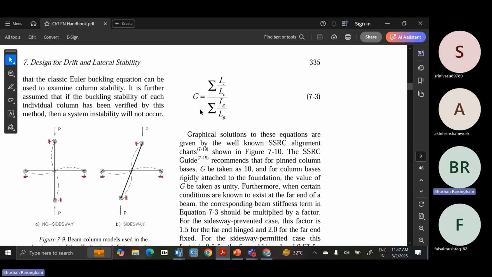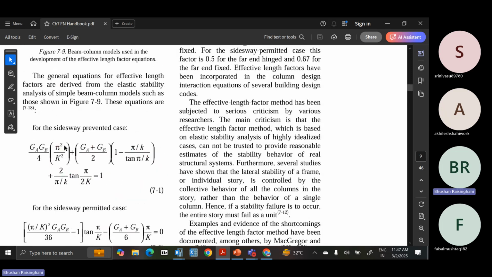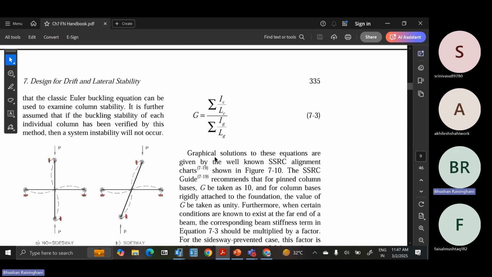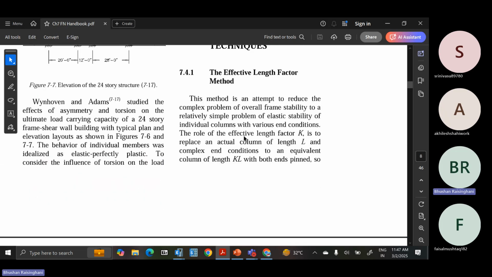So this way, you obtain the relative stiffness of the beam and column, and from that, this whole equation will form. K will be the effective length factor, so it will govern the stiffness. That is, the effective length factor is 0.5 or 1 or 1.5 or 2, whatever it is.